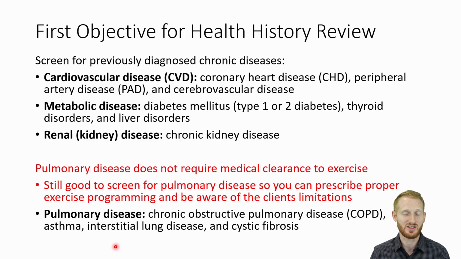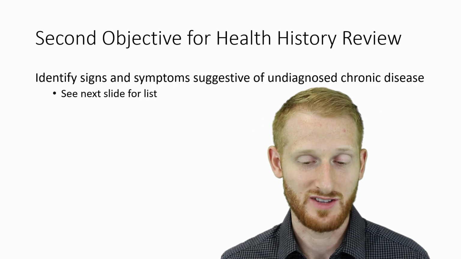These are important diseases to know and know how to prescribe exercise for that person based on their disease, but they don't increase the risk of having a heart attack or stroke during or immediately after exercise. So the ACSM no longer recommends elevating these other disease categories to the level where we flag them right away and basically force them to get medical clearance. All right, so that's objective 1.